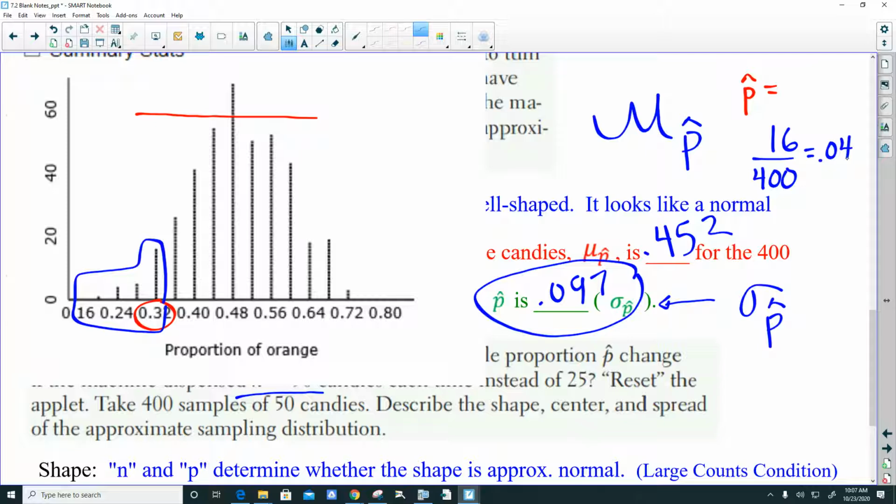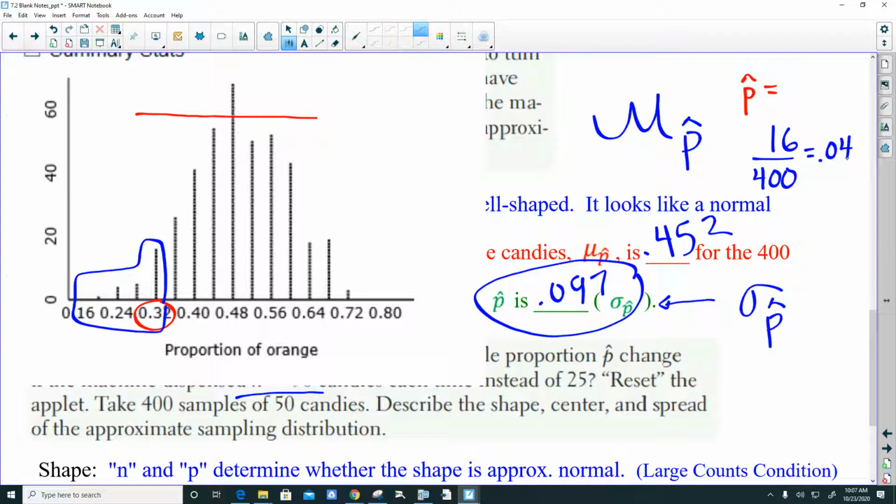0.04. Remember, 5% is our benchmark. Anytime we're looking at something like this and we notice that that particular situation is only occurring 5% or less, then we should say we would be pretty surprised that that should happen.